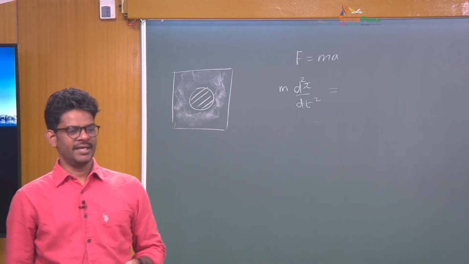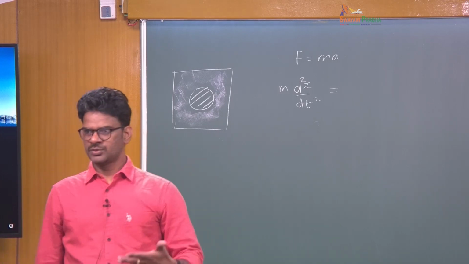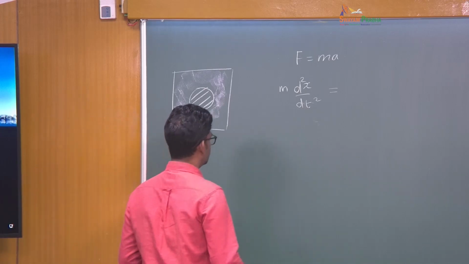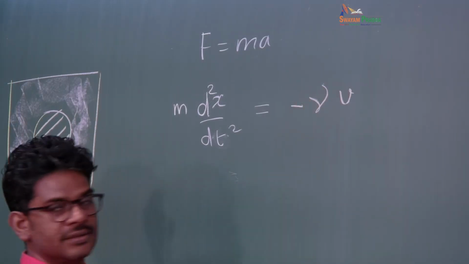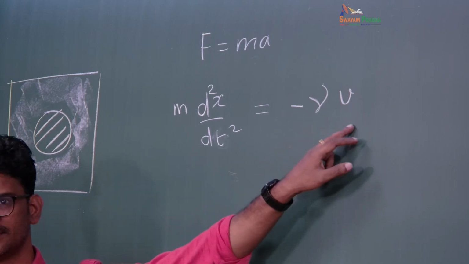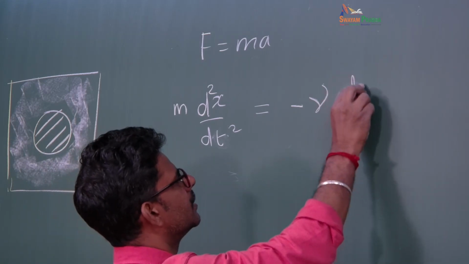Okay, and especially if I know the fluid property and the geometry, we can even express what that force is. So we say that this is minus gamma v, the drag force acting on a particle moving at a velocity of v. Okay, and this v we can replace as dx by dt.